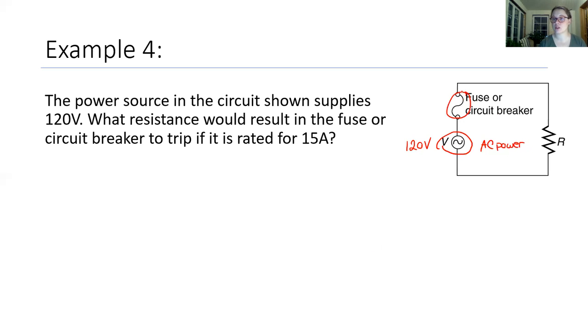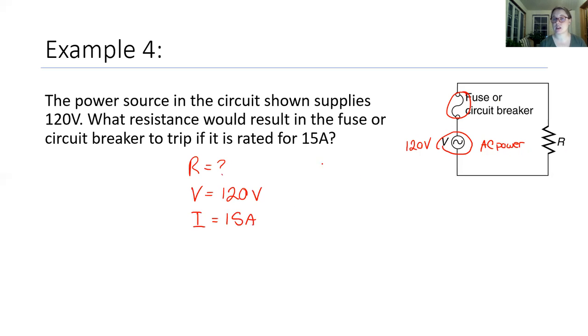So here's our circuit breaker or a fuse. And okay, what resistance here is going to result in too much current here and make it break? So what resistance would give us more than 15 amps? We're just doing the same kind of question where we ask what R is going to be, if voltage is 120 and current is 15.